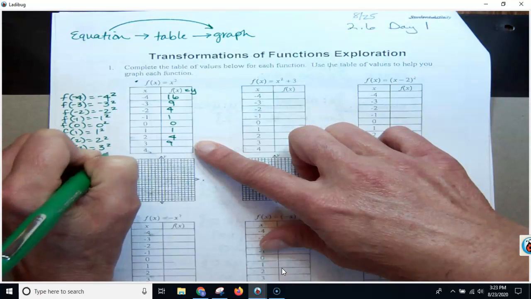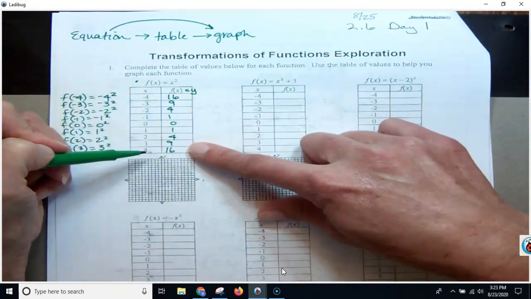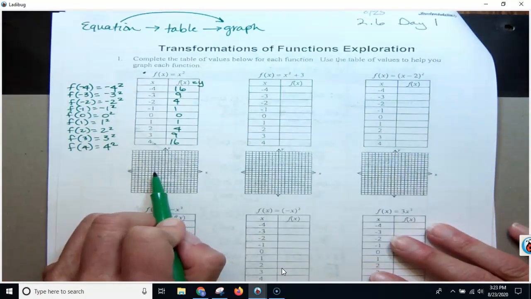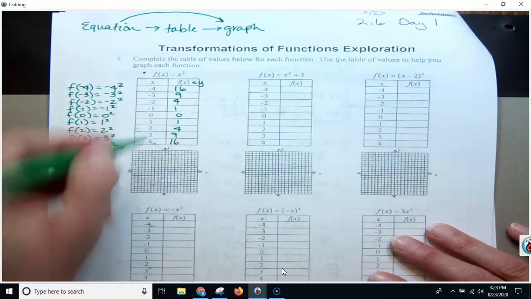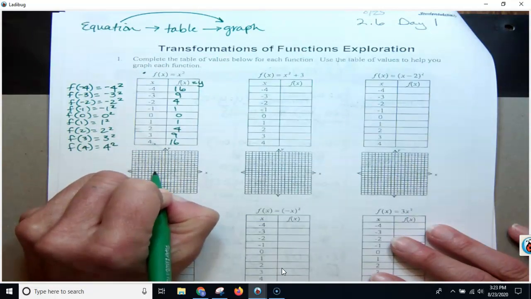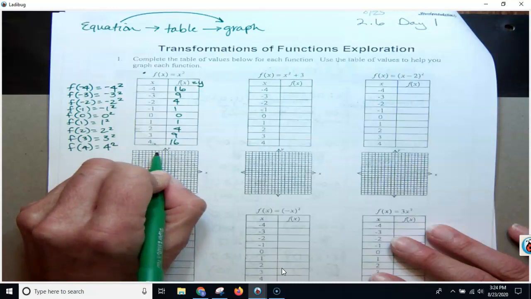This table, and then you're going to plot these points. So you would go over to negative 4, 1, 2, 3, 4, and you'd go up 16, which is off the graph, and you'd plot that point. And then you'd go over 3, 1, 2, 3, you'd go up 9, 1, 2, 3, 4, 5, 6, 7, 8, 9, and here's that.